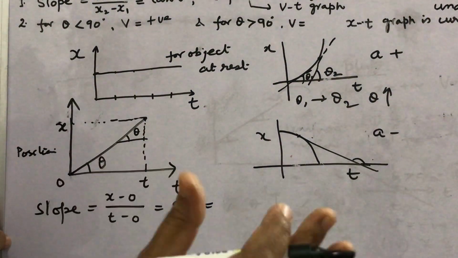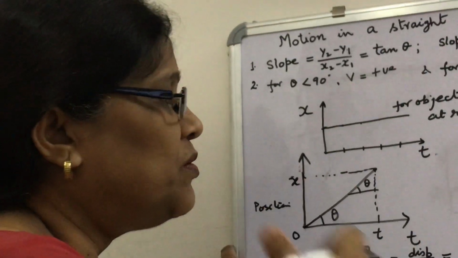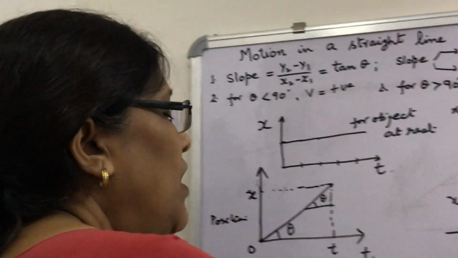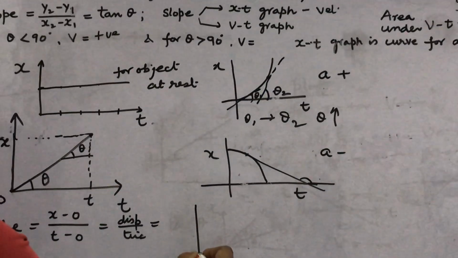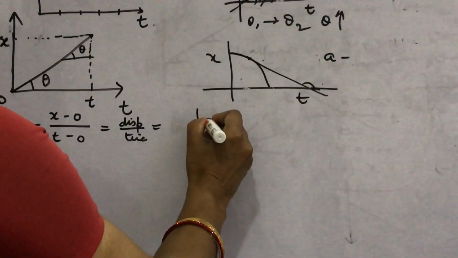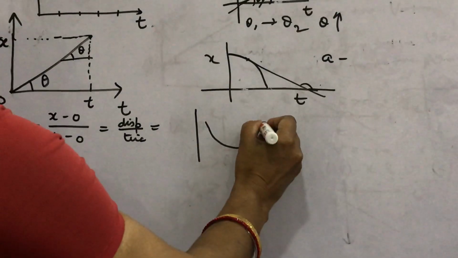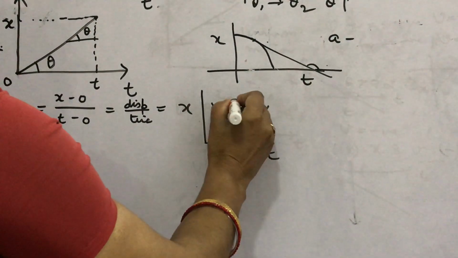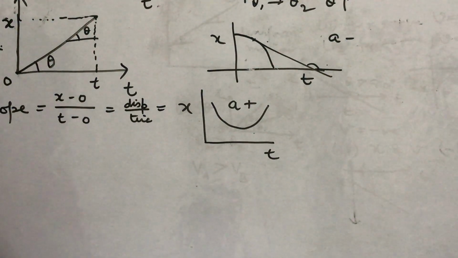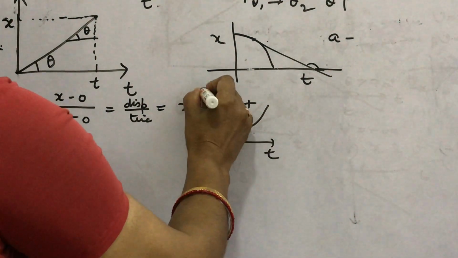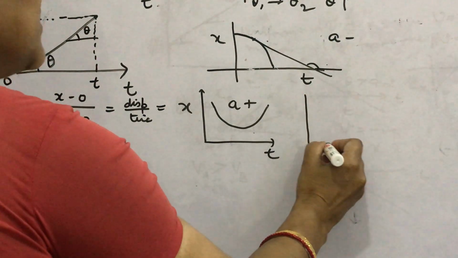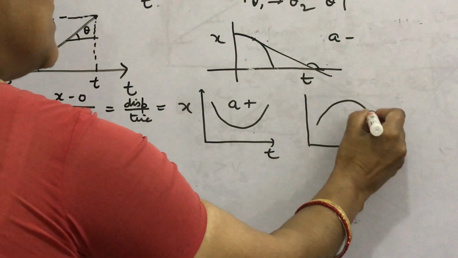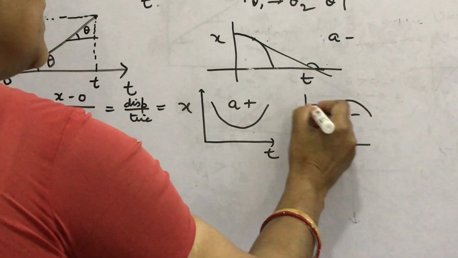In general, you have to learn, there are so many curves. So you have to learn this thing, that the downward curve in the xt graph is for positive acceleration, and the convex curve, or this upward one, is negative acceleration.